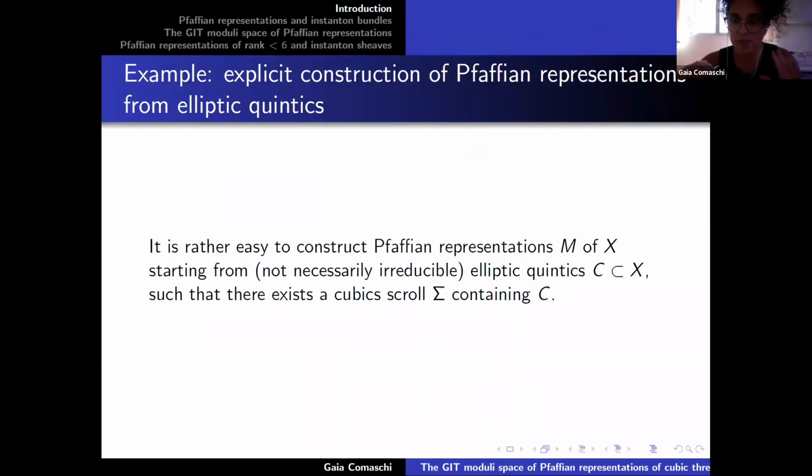So in particular, all the elliptic quintics from which we construct Pfaffian representation of cubic threefolds are contained in a cubic scroll. And if this is the case, it's rather easy to write down explicitly the matrix MC. So I would like to give an example of how this is done.